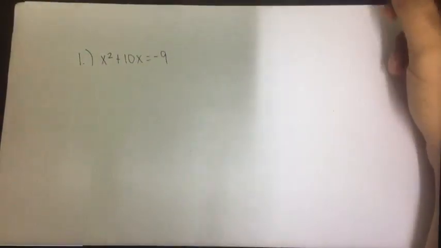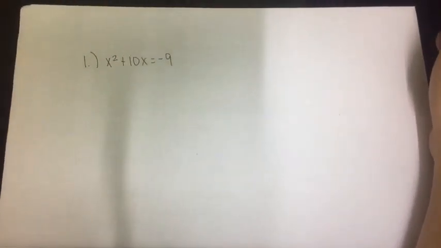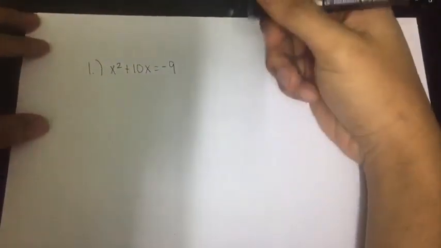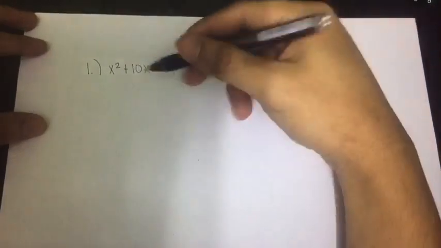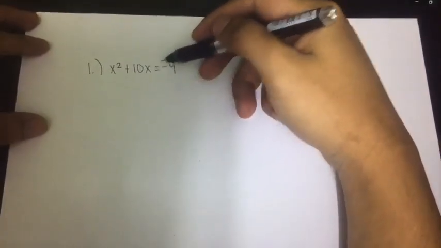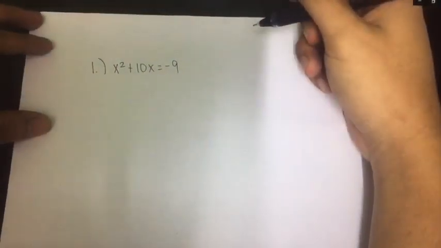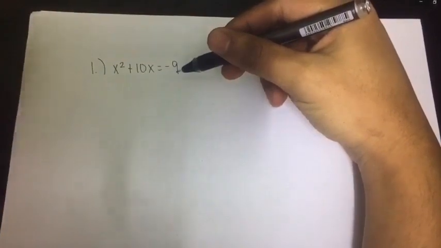Hello, this is the first example of solving a quadratic equation by factoring. We have x squared plus 10x equals negative 9. Let's make this equation standard form.